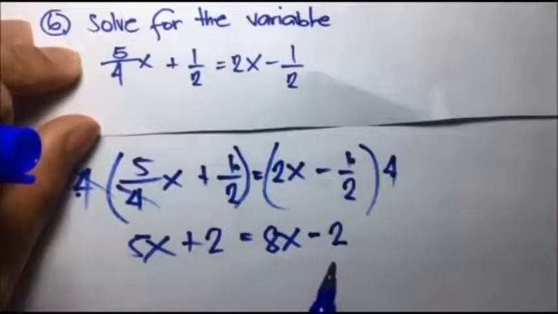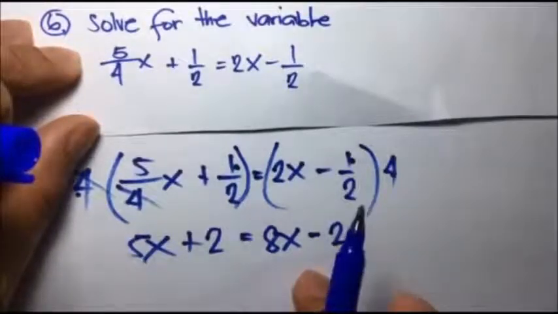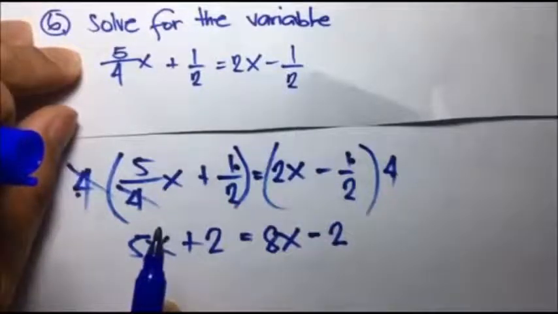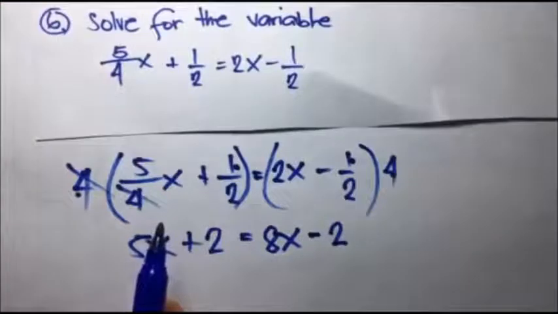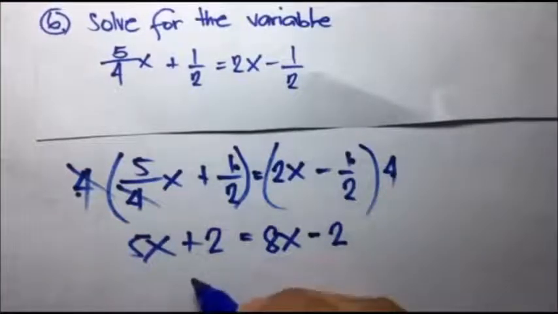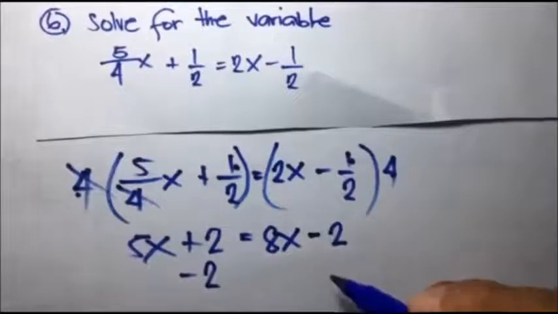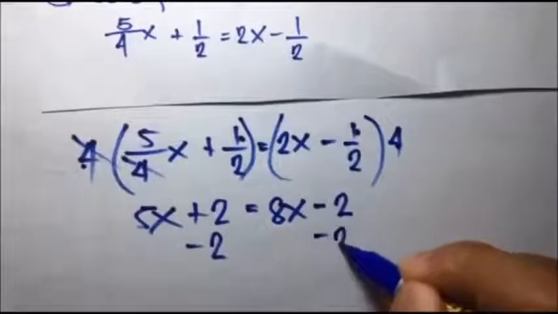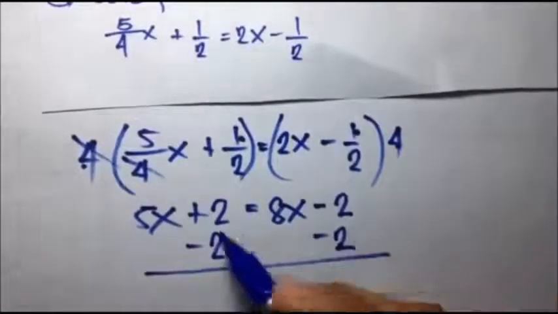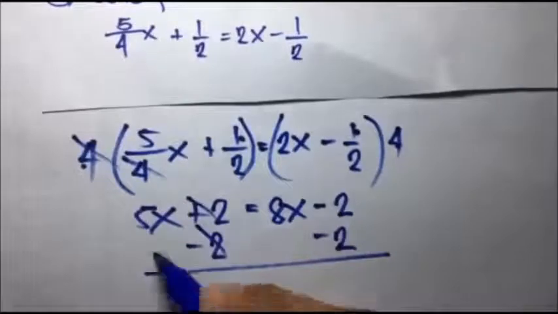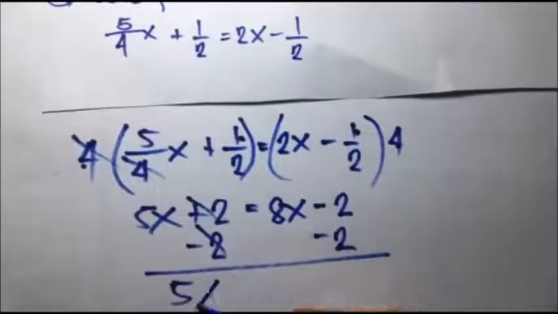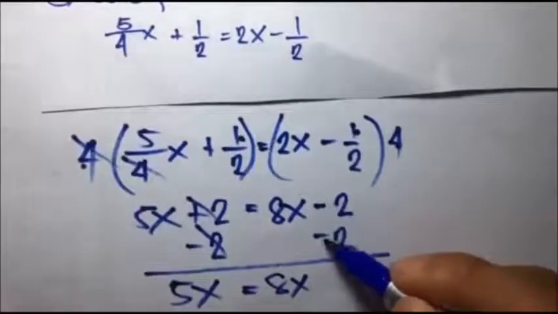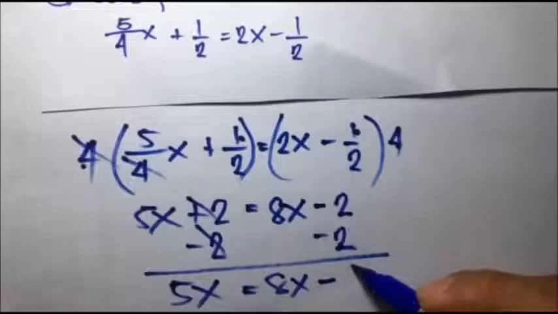We are going to get all the x terms on the left side. So we need to subtract 2 on both sides. Cancel. We bring down 5x is equal to 8x, and then negative 2 minus 2 is negative 4.